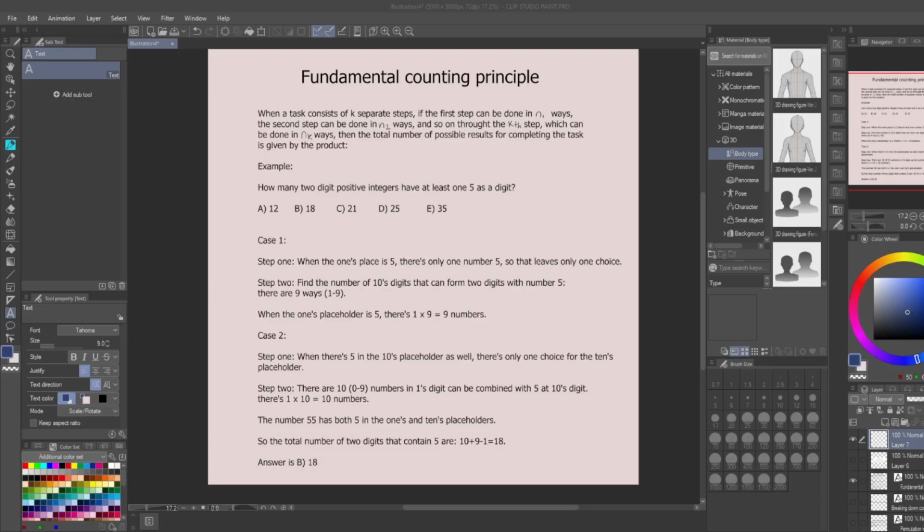The number 55 has 5 in both the ones and tens placeholders. So for the final step, we add case 1 and case 2 together. The total number of 2-digit numbers that contain 5 is 10 plus 9 minus 1 equals 18. So the answer is B, 18.